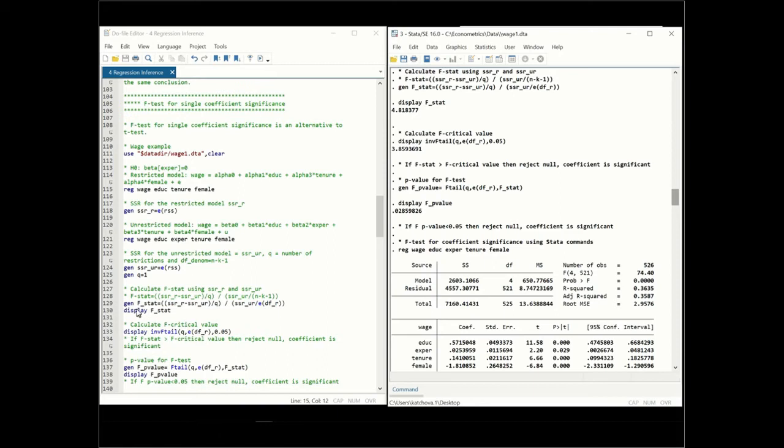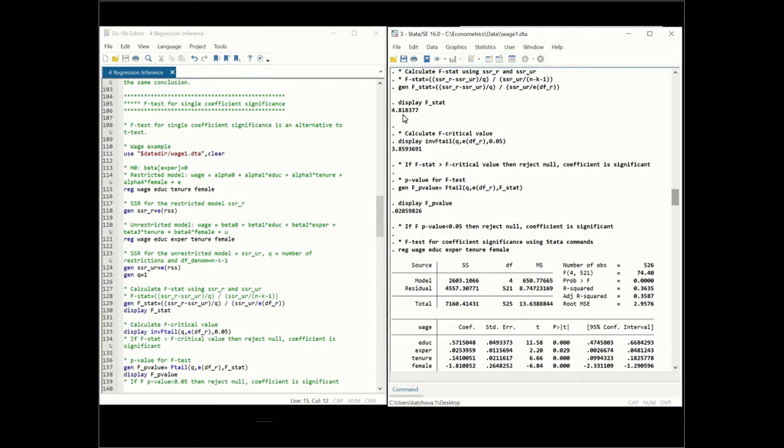So using all the stored values from above, we are calculating the F statistic and then we're displaying it. So if we look at the F statistic, that would be the number here. It would be 4.82 for the F statistic.